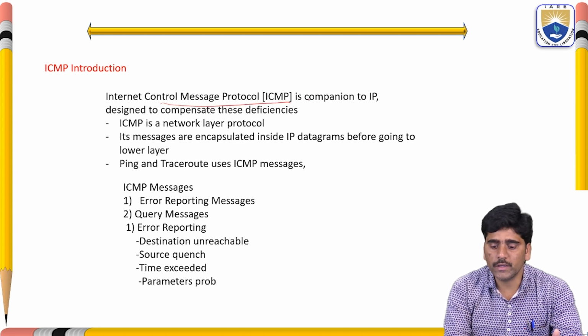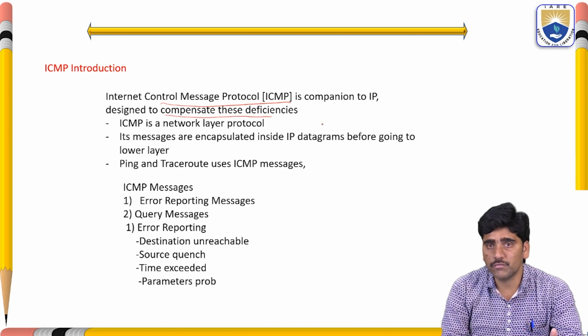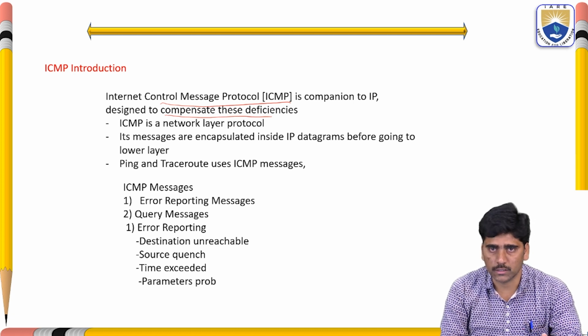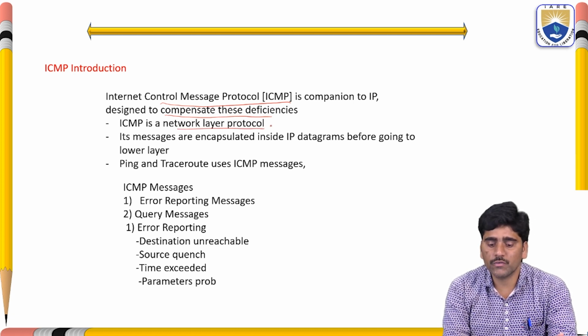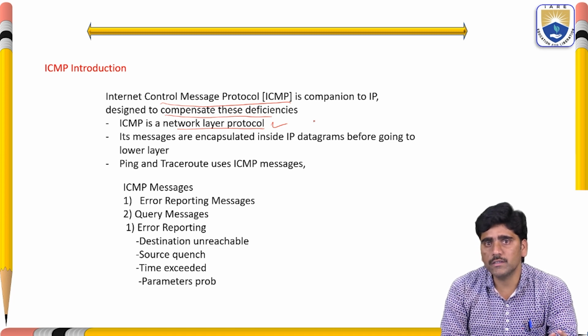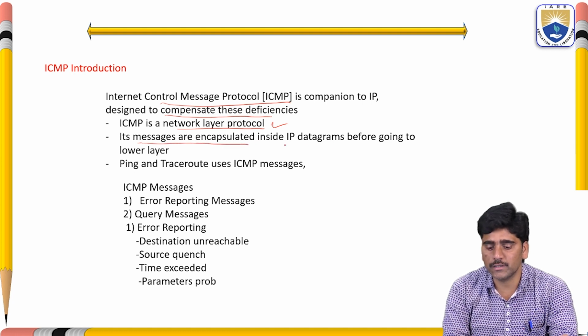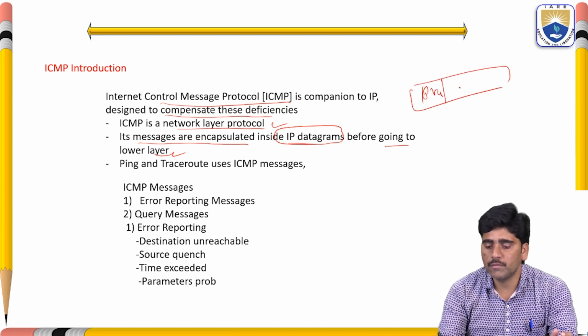ICMP is a companion to the IP protocol, designed to compensate for its deficiencies. ICMP is a network layer protocol, and its messages are encapsulated inside IP datagrams before going to the next layer. An IP datagram contains the IP header and IP data.